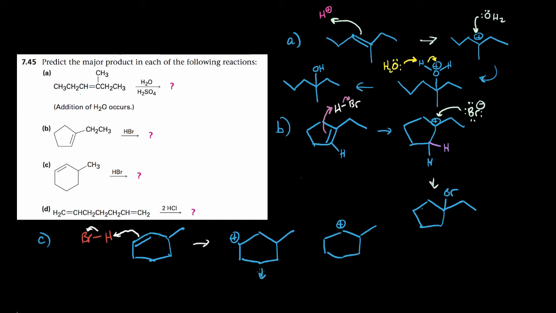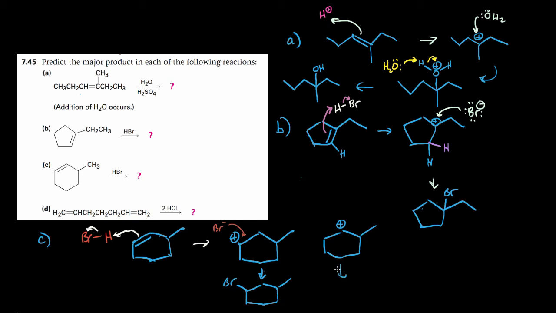And if we make this one, then the bromide, Br minus, will add to that carbon, and you'll get a bromine there.